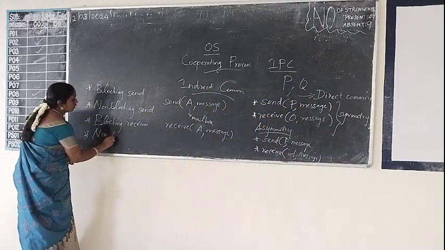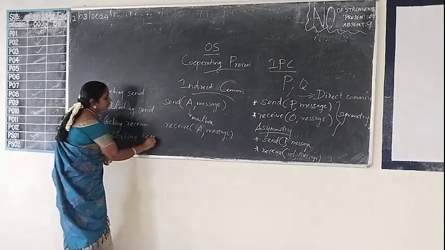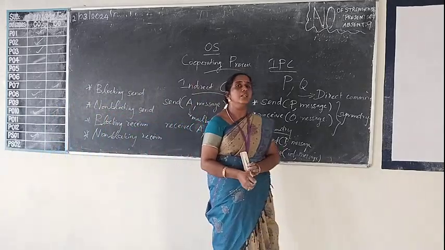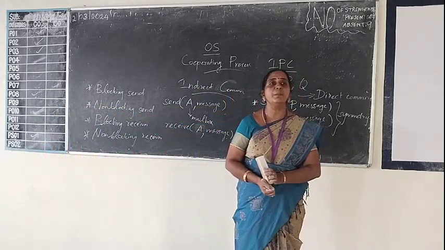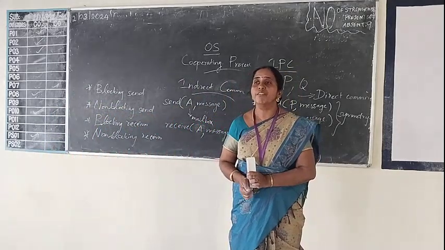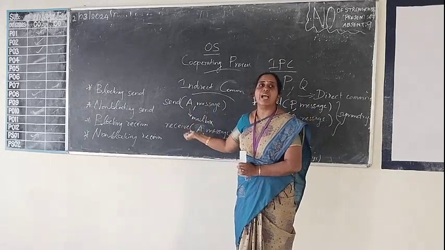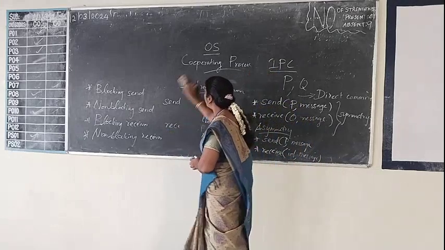In non-blocking receive, the receiver is not blocked whether the message is available or not. If the correct message is available, the receiver can get a valid message, otherwise a null value is received. Then the next one is buffering.